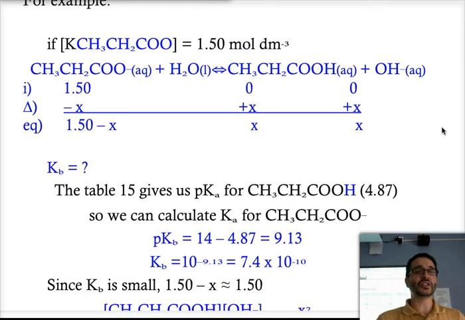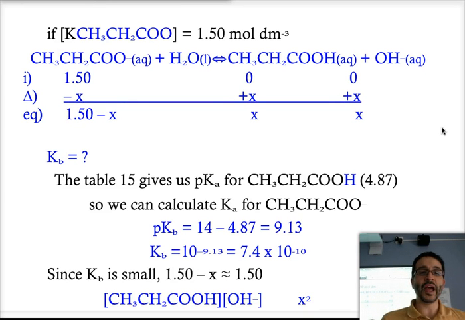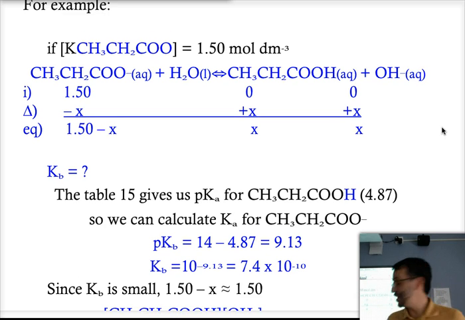If we find out that the initial concentration of the potassium propanoate is 1.5 mole per decimeter cubed, well, we have to be able to see this equation. And again, this is where our concepts are going to be tested. We need to remember, how does a weak base react? It needs to react with water.